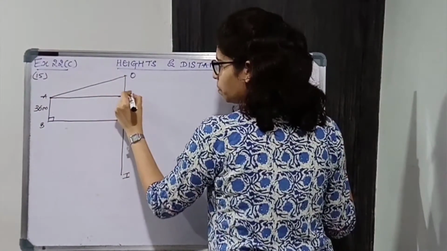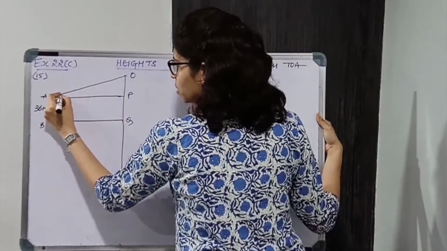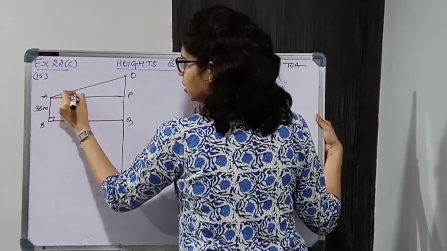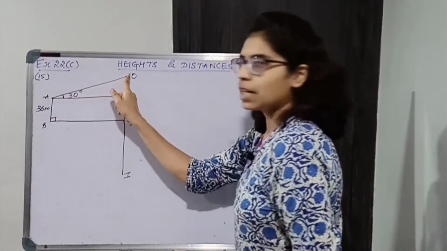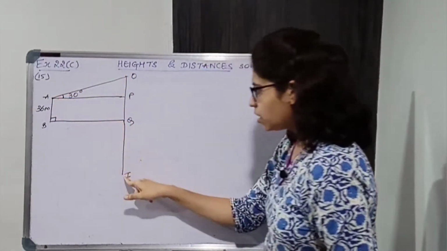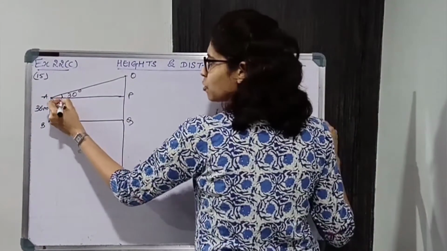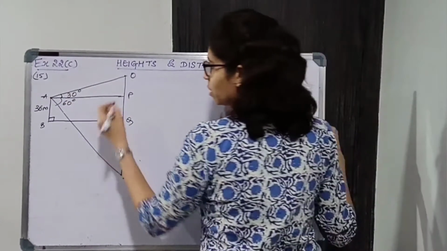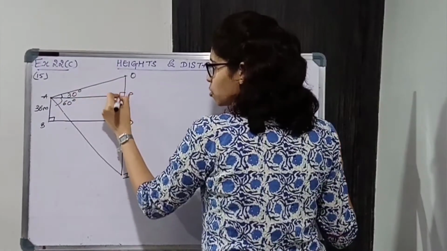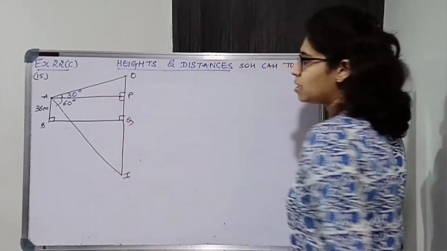Let's name the horizontal P. Let's name this point Q. So this angle of elevation is 30 degrees. Now observing the image, angle of depression form hoga. Angle of depression is 60 degrees. Now this is horizontal, this is vertical, so ye sab 90-90 hota hai. So all this is 90-90 degrees.